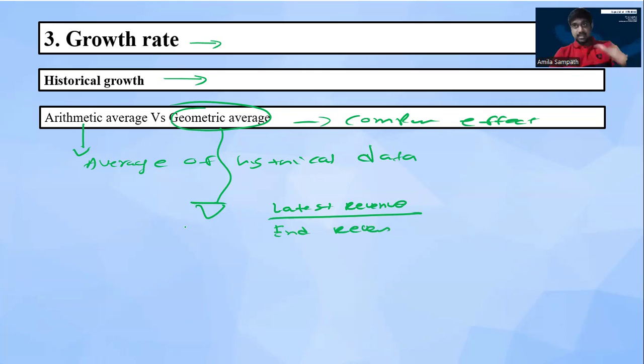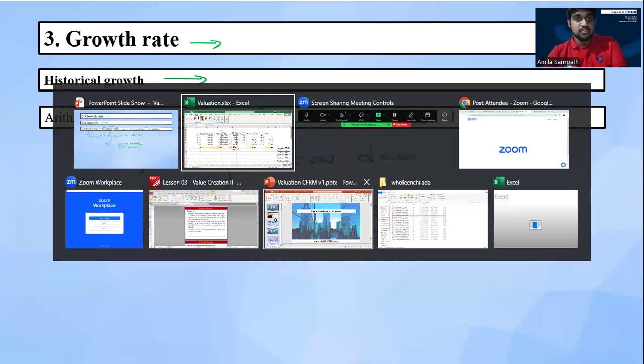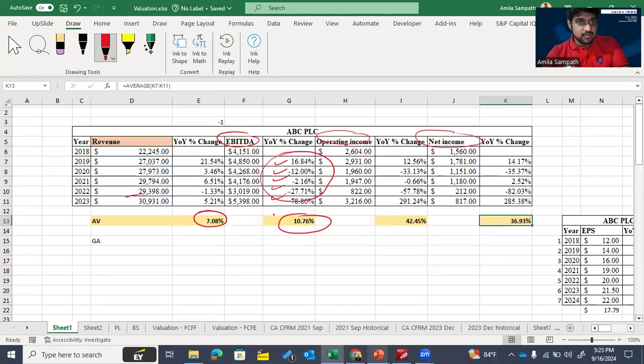It can be the latest year figure, whether it is revenue, operating income, EBIT or whatever, divided by the end year figure. For the given details, this one is our latest year revenue figure.